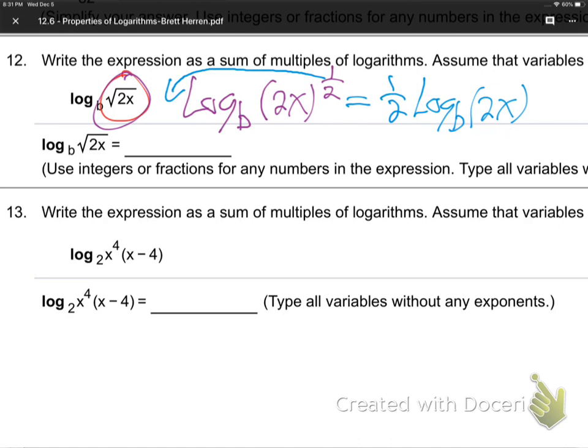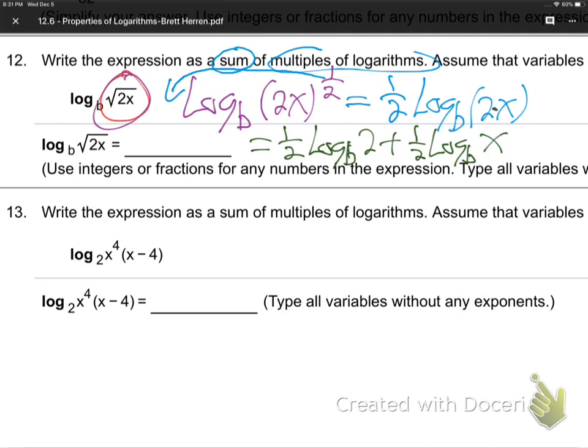They want me to make it a sum of multiple logs. That's just one log right now. So my next step then is going to be to make it a half log base b of 2 plus, whoops, the half's going to go on both of them, a half log base b of x, right? Because it's 2 times x. Multiplication, which is a hard job for one log, becomes easy, becomes adding for 2 logs.